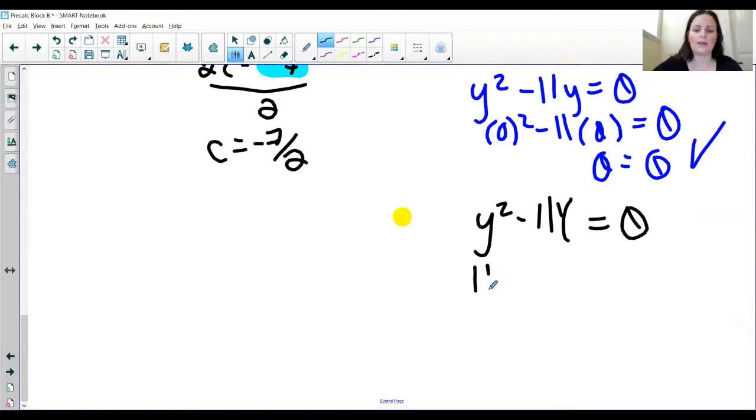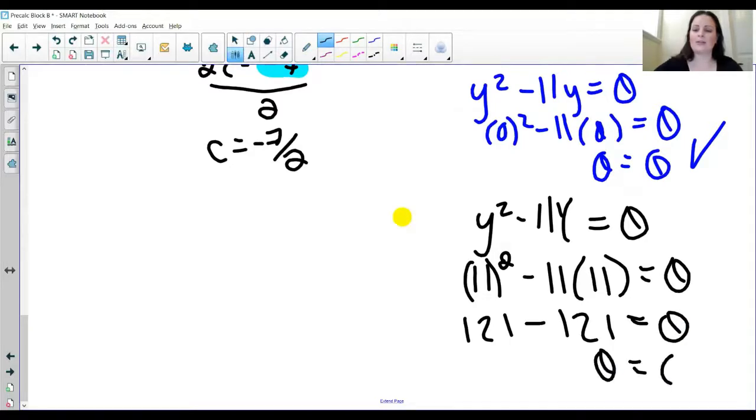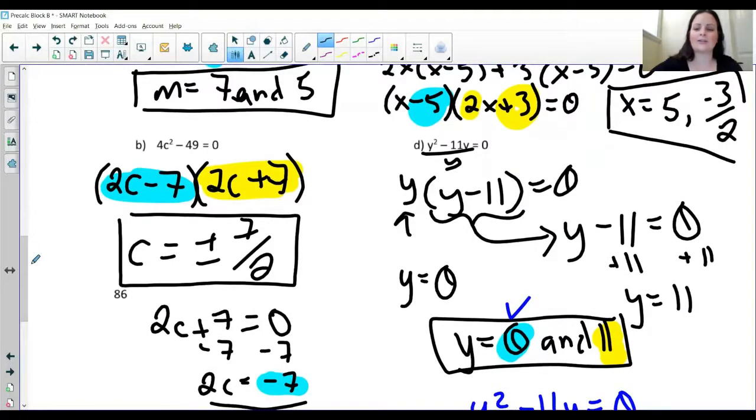So you're going to put an 11 in for the y. And follow BEDMAS. And again, you see that the left side equals the right side. So you have factored this correctly and verified both your answers to be correct. Great job. Pat yourself on the back.